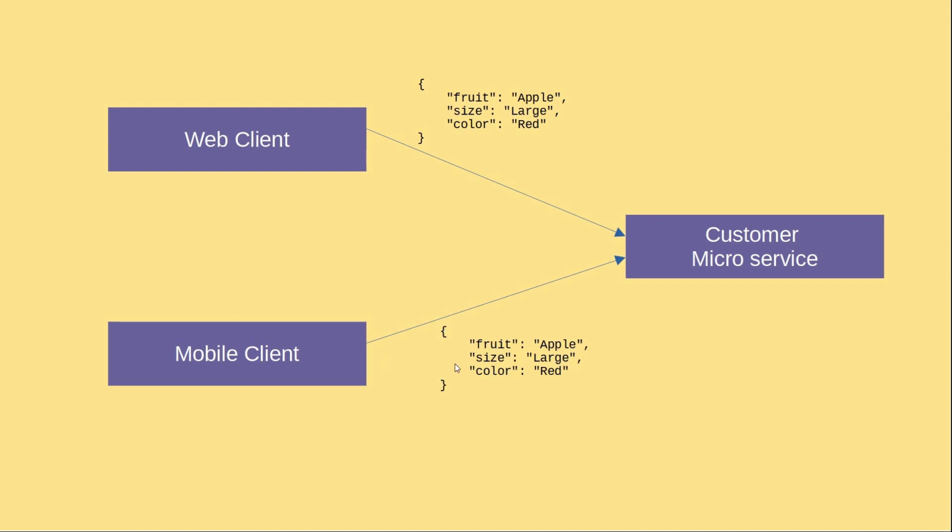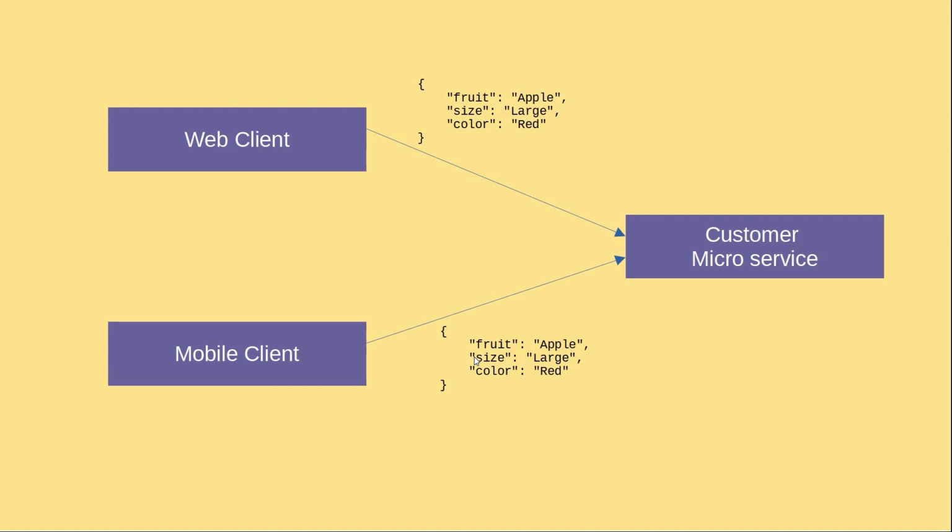Even if the mobile client doesn't need the size or the color, if it wants to consume any API from the customer microservice, it has to consume everything by default, even if it is not using it.